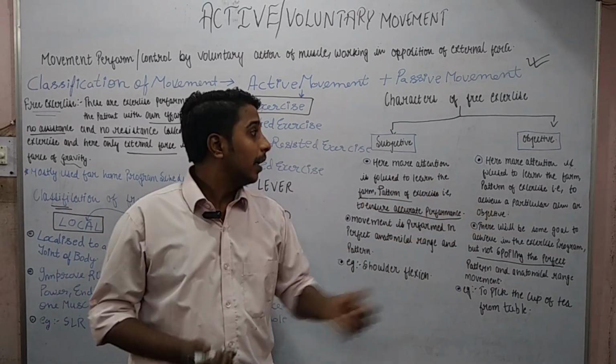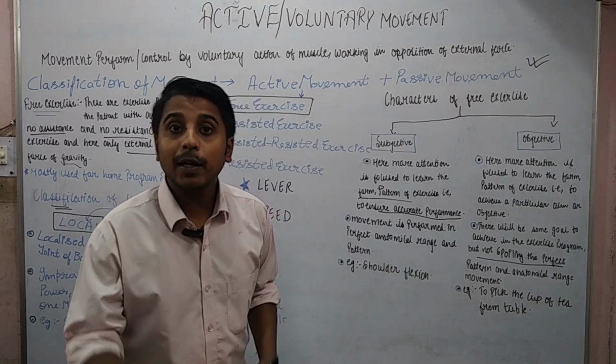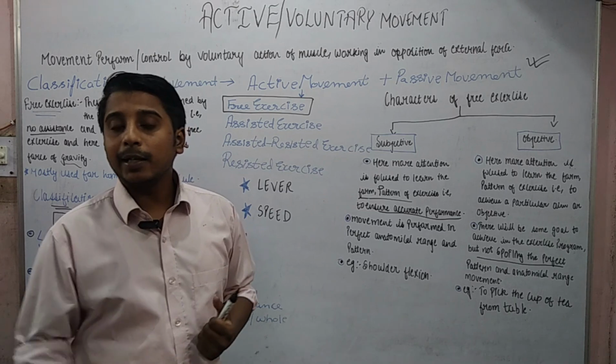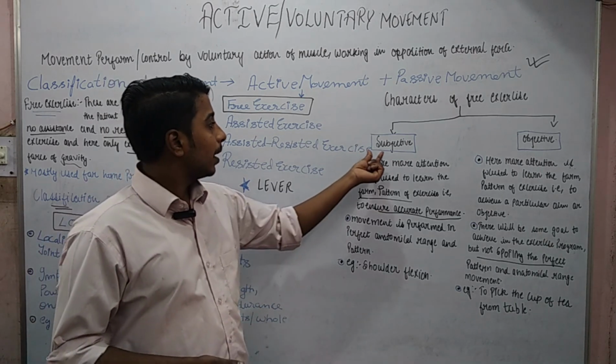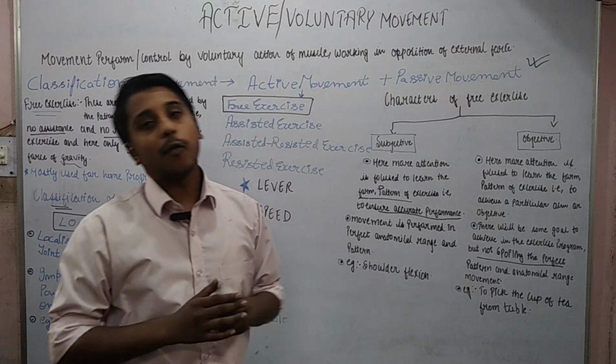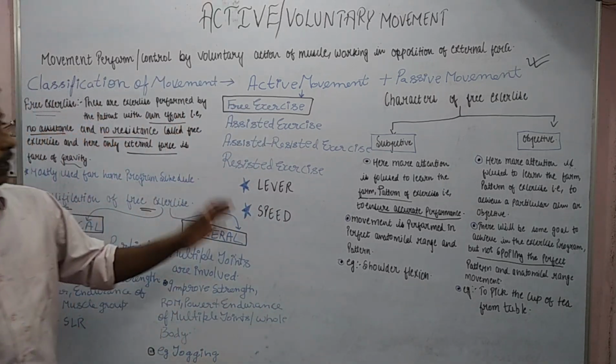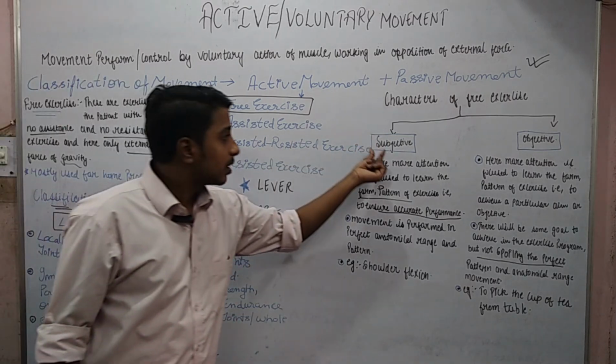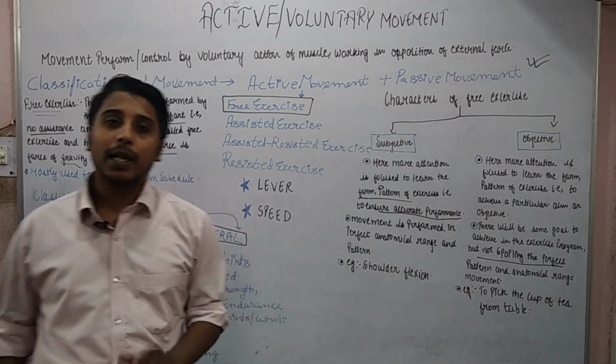In objective, to bend forward and touch the great toe. Or simply in the subjective, only forward flexion. So these are the characteristics of free exercise, which are subjective and objective.